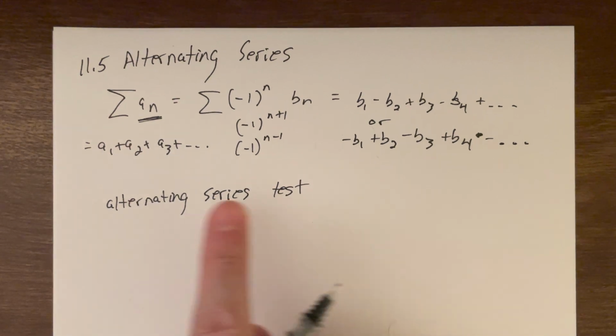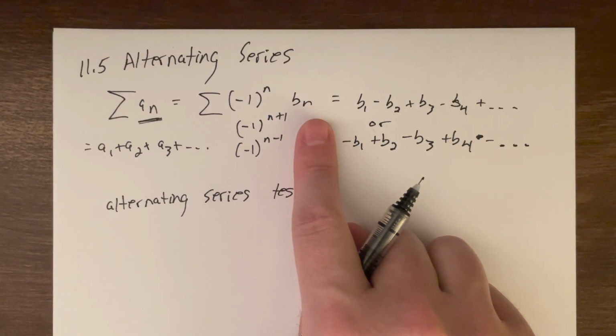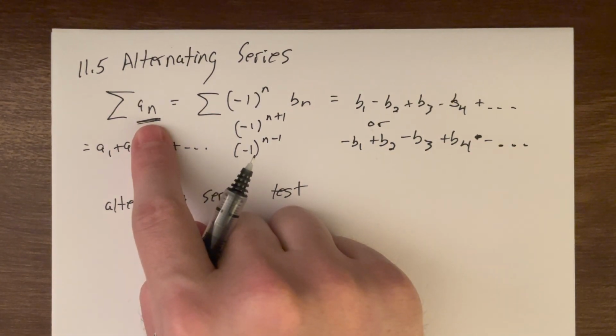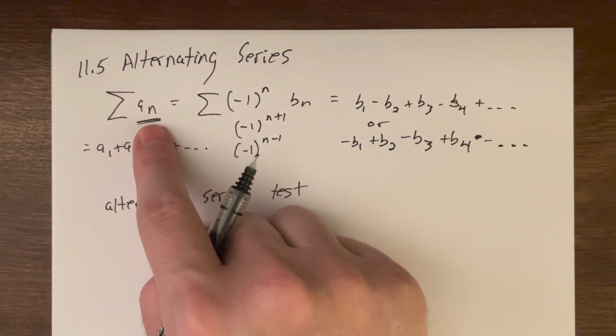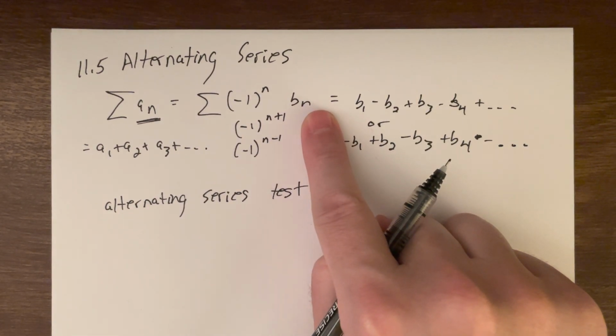And the test says, first we've already established that we have an alternating series. So again, notation, everybody, we've always used a sub n as that general underlying sequence. In the previous video, 11.4, we had a sub n and b sub n. We used a sub n as the original sequence that went with the original series, and then b sub n was the underlying sequence for the new series that we were introducing. Well, here I'm using b sub n, but for different reasons.